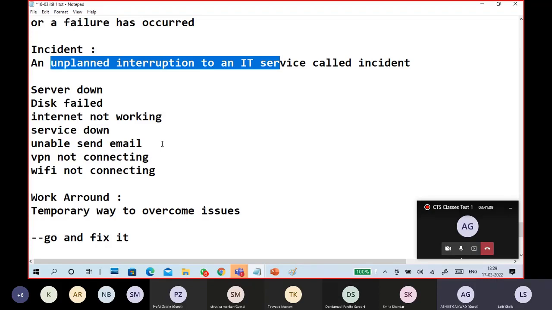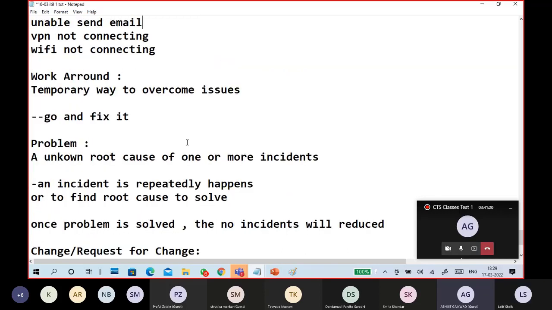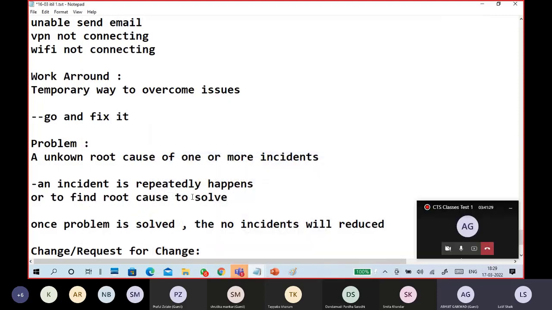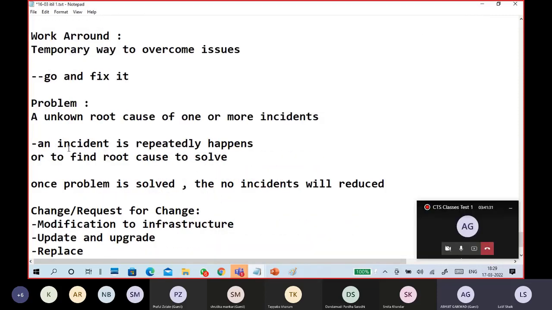I went there and fixed it, and now it is working. Again after some time, the issue occurs, and again after a few days. So the incident keeps occurring again and again. So I have to consider that incident as a problem.